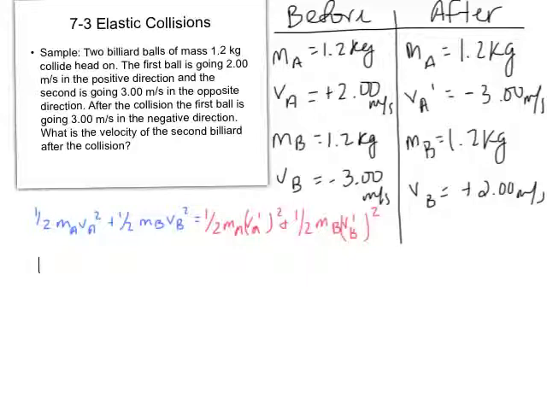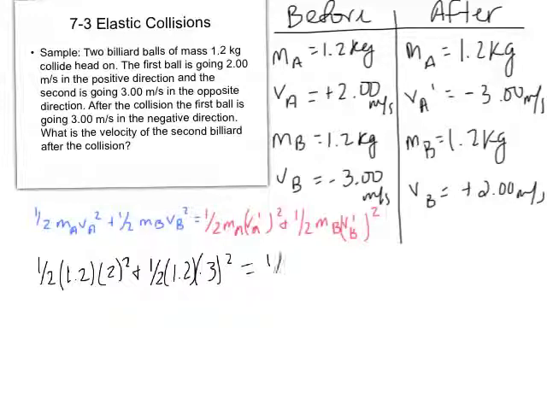So if we plug in our numbers, we'll have 1/2 times 1.2 times 2 squared for A, and then 1/2 times 1.2 times -3 squared for B, and then after that we'll have 1/2 times 1.2 times -3 squared plus 1/2 times 1.2 times 2 squared.